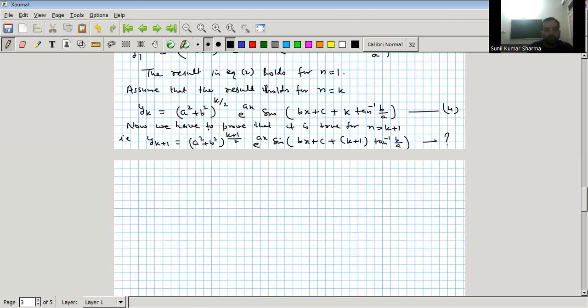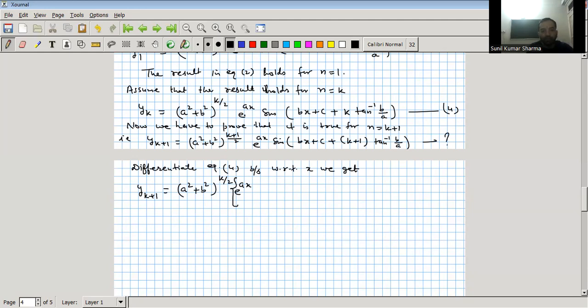Right? So what we do? We differentiate equation 4 both sides with respect to x. We get yk plus 1, that is a square plus b square to the power k by 2 e to the power ax, the derivative of sin bx plus c. Again we use first into second, so we can take a square plus b square to the power k by 2 to be common.